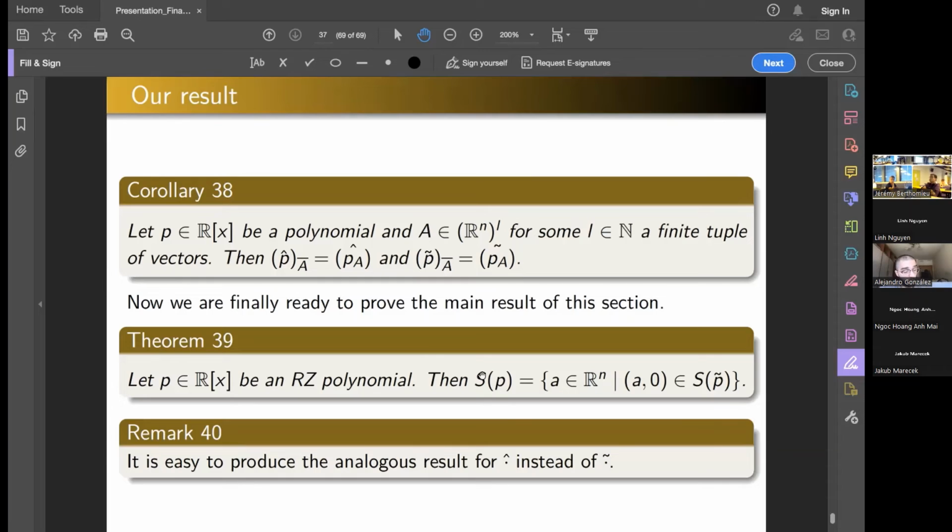But our hope is that studying other transformations, sending real zero polynomials to real zero polynomials, and how they affect the relaxation, some of those transformations could improve it and get a better approximation of the rigidly convex set, maybe even the rigidly convex set.